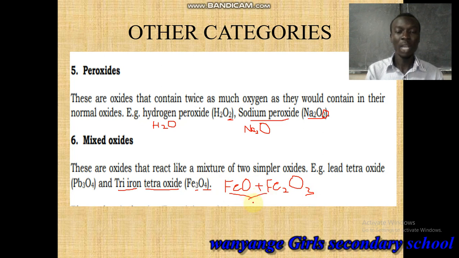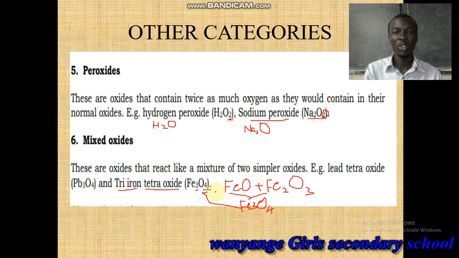Atoms of iron now become 3. Then oxygen atoms, 1 plus 3, you will now have 4. So oxygen atoms are now 4. That is what we have in this formula there. So this triiron tetraoxide behaves like a mixture of iron(II) oxide and iron(III) oxide.